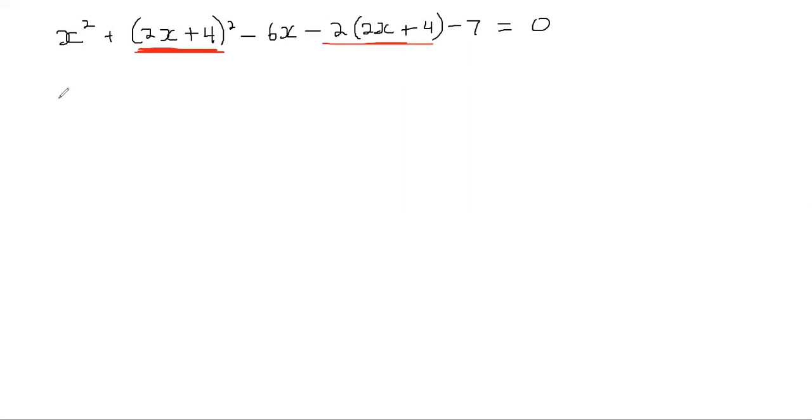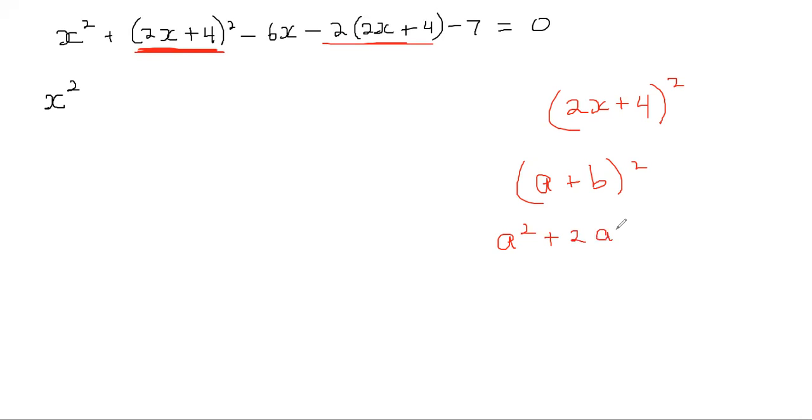I have x squared here, I didn't have to simplify that. I, however, have to simplify 2x plus 4 squared. I'm going to use the rule that a plus b squared is equivalent to a squared plus 2ab plus b squared, which means 2 multiplied by a multiplied by b. My a is 2x and my b value is 4.